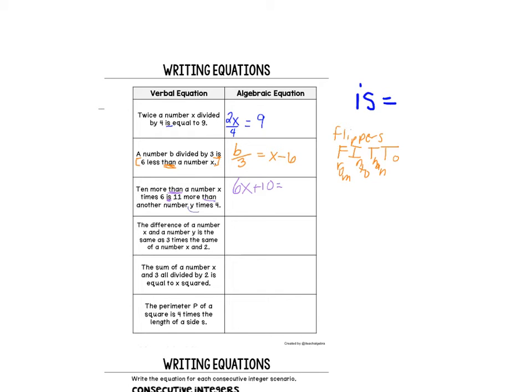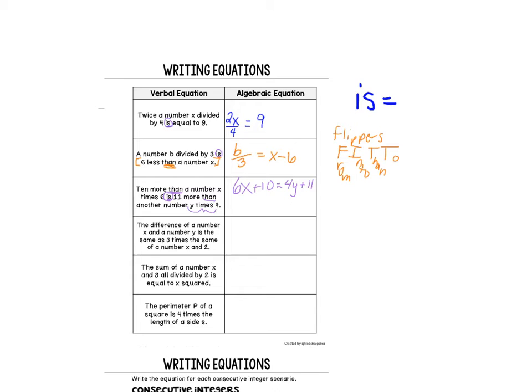So we'll do the y times 4 part first, 4y, and 11 more than, plus 11. Okay? So when we're doing these, why don't you underline the flippers, if there are any, and let's circle "is," so we can see in each verbal equation where that equal sign should go.